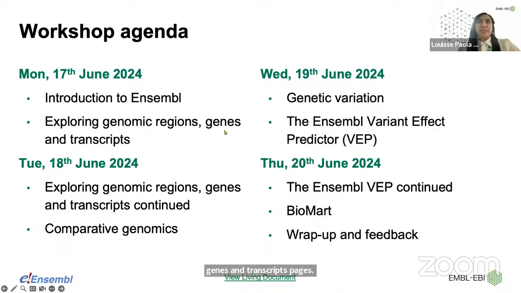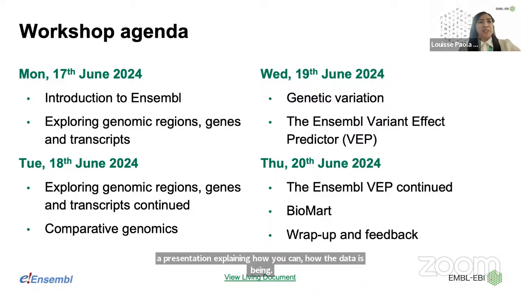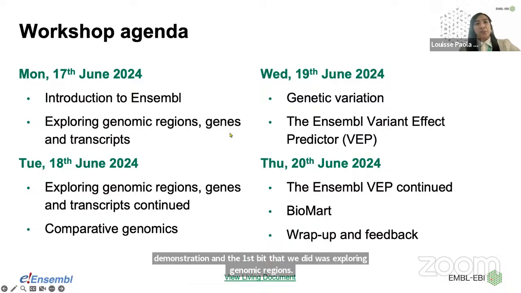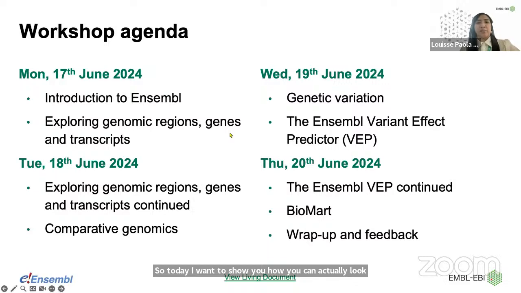If you remember from yesterday, I did a presentation explaining how the data is being processed in Ensemble. And then we moved on to a demonstration. The first bit that we did was exploring genomic regions. So today I want to show you how you can actually look for a gene or a transcript on the browser.